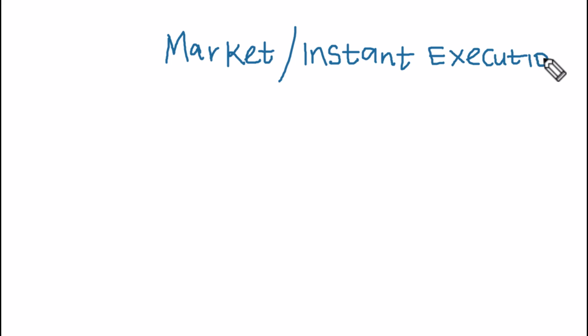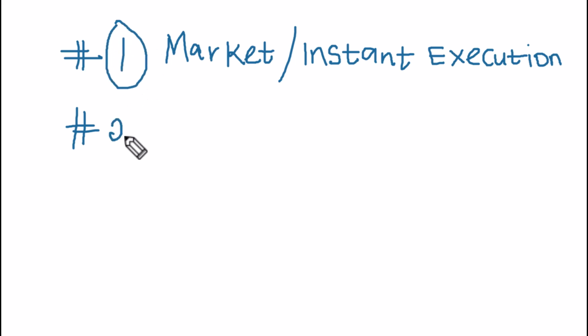You need to understand that, right? This is the first. Now we have the second. This is one, and the second is what we call the what? Pending orders.